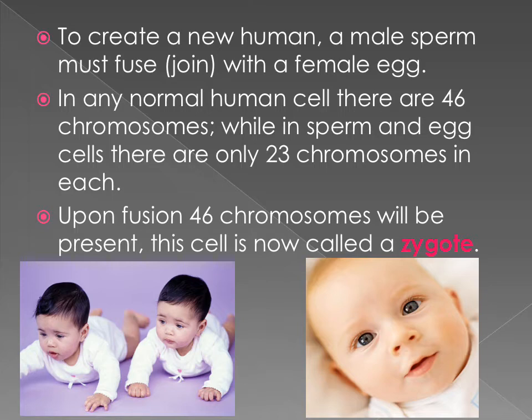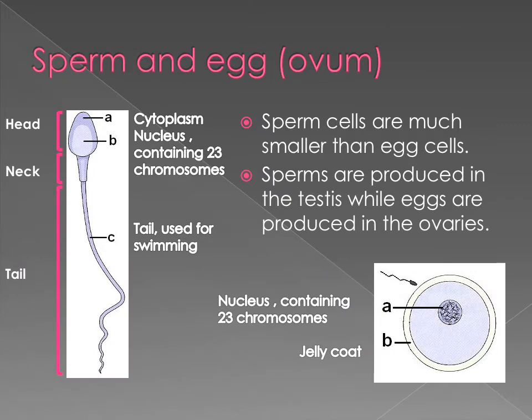Okay, let's move on. Now we're going to look into detail at the structure of a sperm and an egg. Another name for an egg is an ovum. Let's look first at a sperm. The sperm is made up of a part at the beginning called the head. Sorry, it is the part that contains a nucleus.